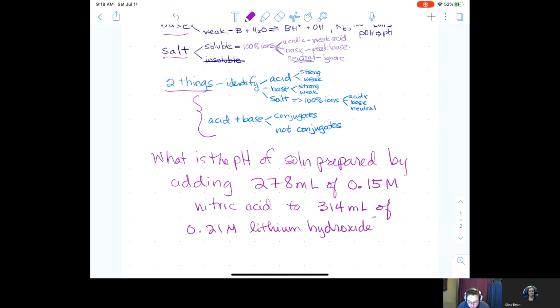This is very similar to a problem that you see on your practice set. Numbers are changed. All right, so I need to find what is the pH of this.